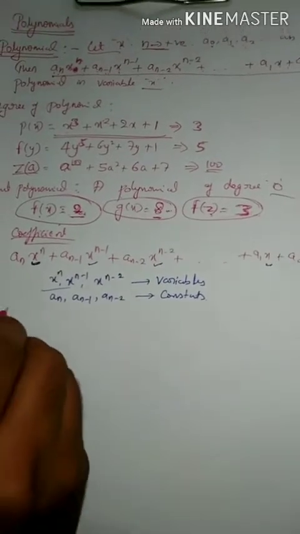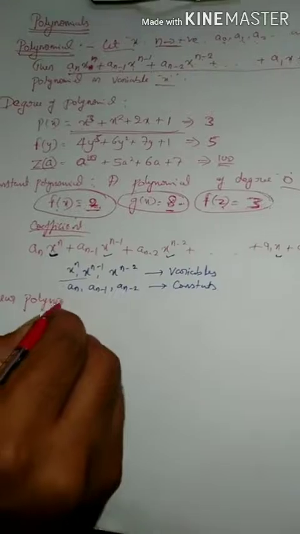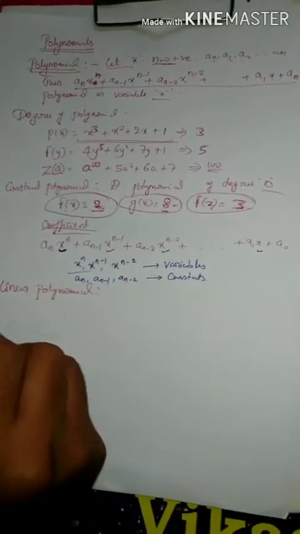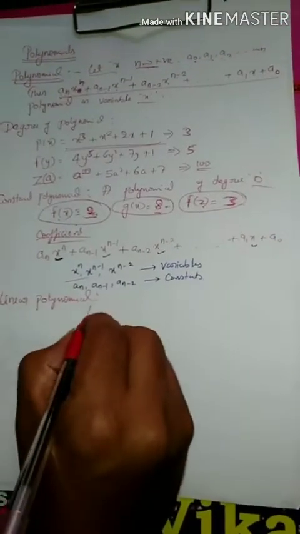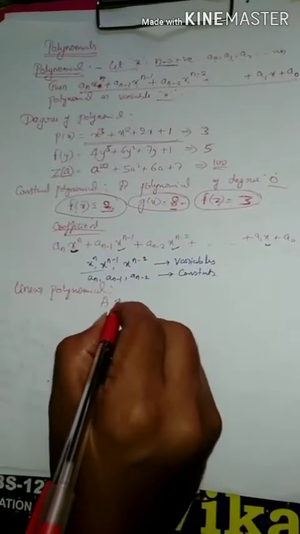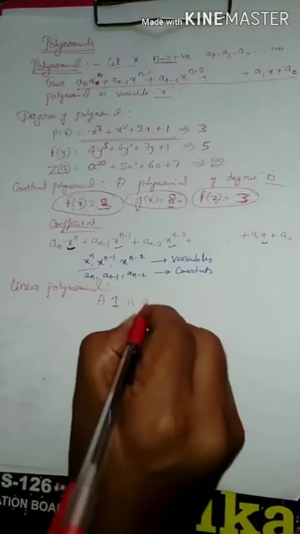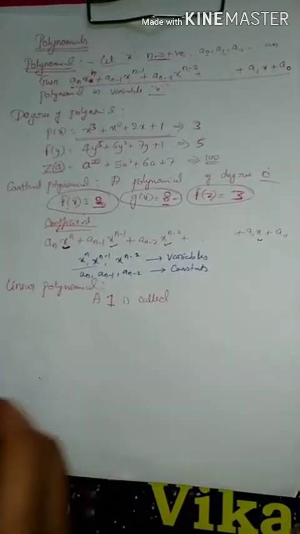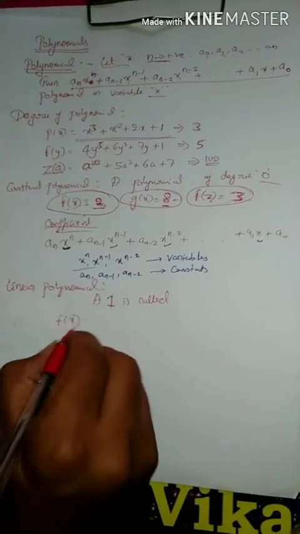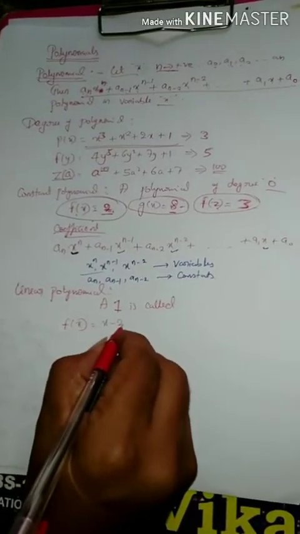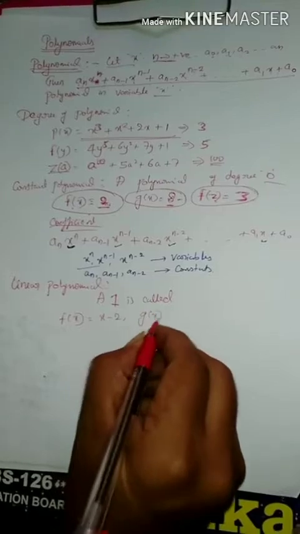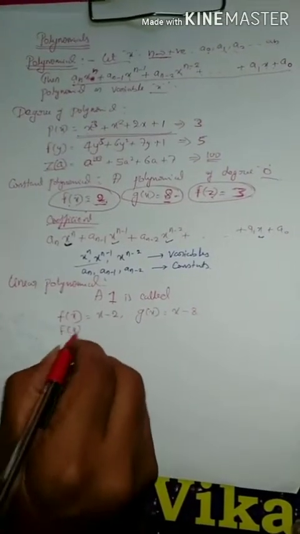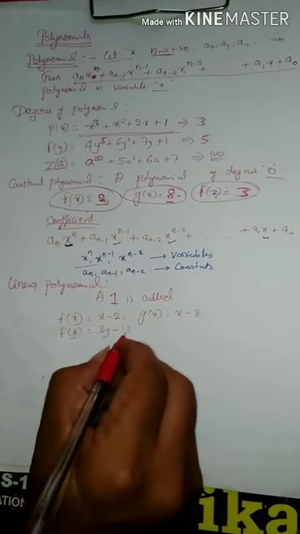Then the next concept is linear polynomial. What is a linear polynomial? A polynomial of highest degree 1 is called a linear polynomial. For example, f of x is equal to x minus 2, g of x is equal to x minus 8, f of y is equal to 3y minus 13.